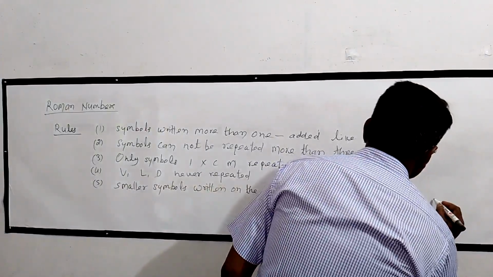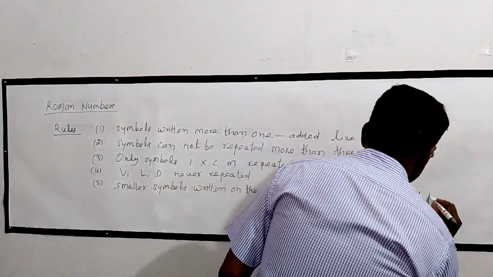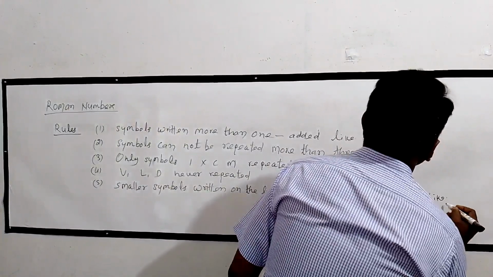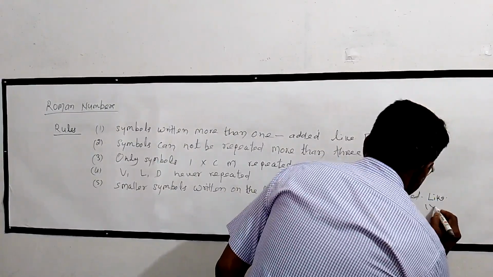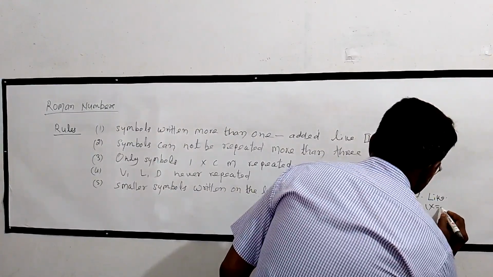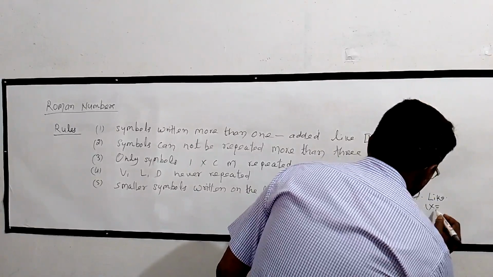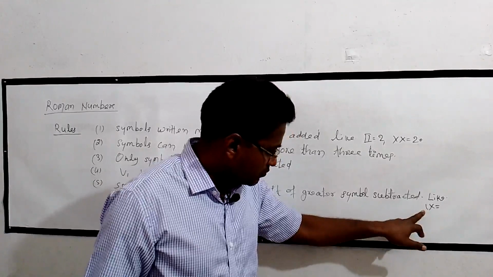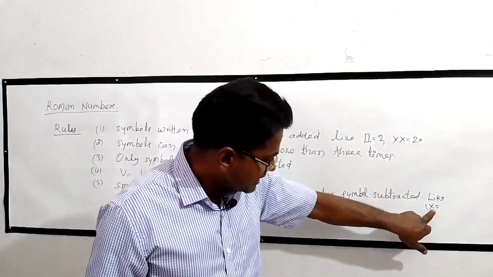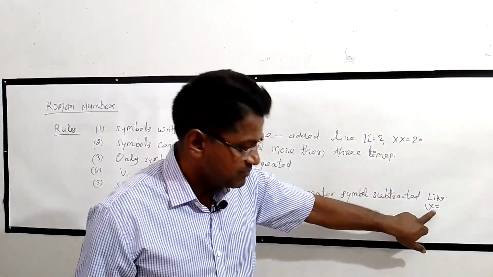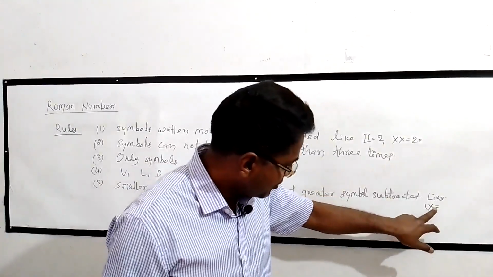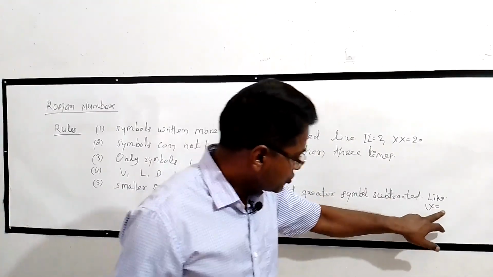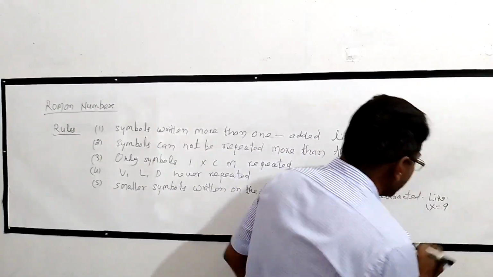Like IX: X is equal to 10, I is equal to 1. So a smaller symbol written to the left of the greater symbol is subtracted from the greater symbol. It means that we will subtract 1 from 10. So we will get here 9.